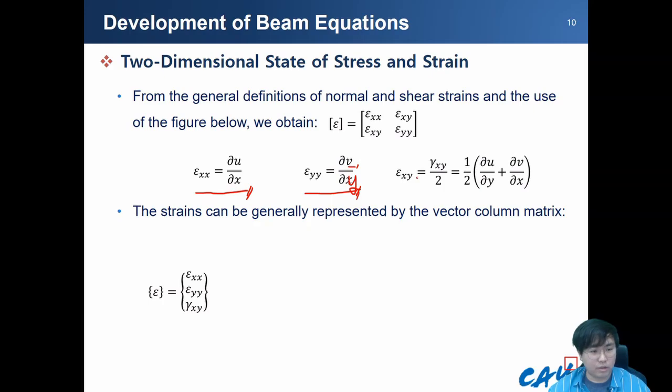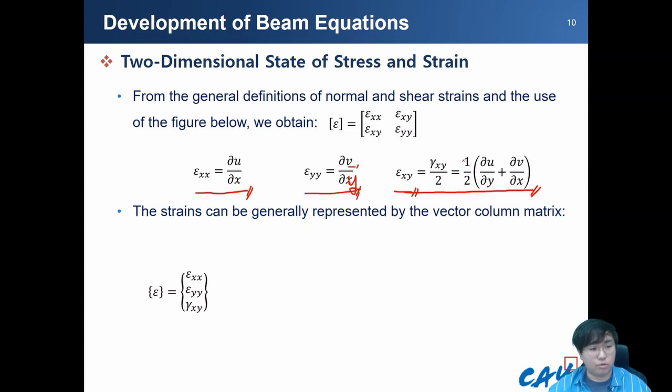And then what is the shear strain? First, remember that the shear strain is the derivative of the x-direction displacement with respect to y, plus the derivative of the y-direction displacement with respect to x. This is the shear strain definition.